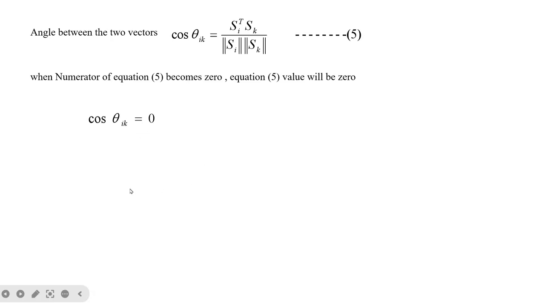Here the two signals are said to be orthogonal or perpendicular to each other when θik is equal to 90 degrees. Yes? So when θik is 90 degrees, cos 90 will be 0. So when the two vectors are orthogonal to each other, the angle between them will be 90 degrees. Fine. So we have calculated the Euclidean distance, and also we have calculated the angle.